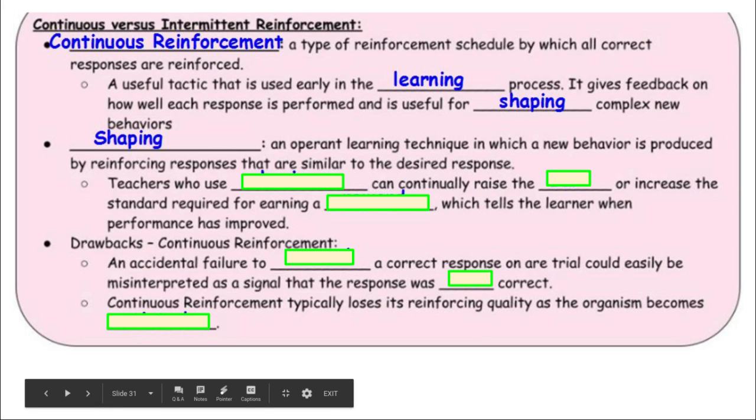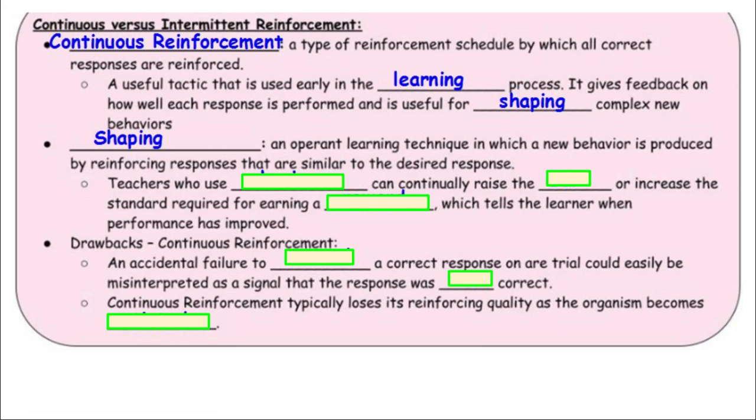Shaping is an operant learning technique in which a new behavior is produced by reinforcing responses that are similar to the desirable response. Teachers, for the most part, use shaping and can continually raise the bar or increase the standard required for earning a reward by telling the learner when the performance has been improved.